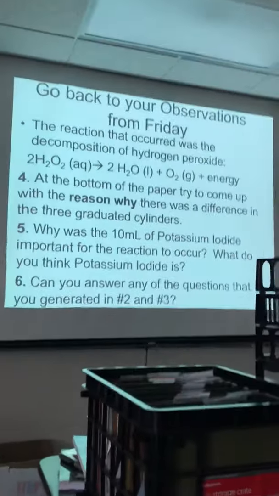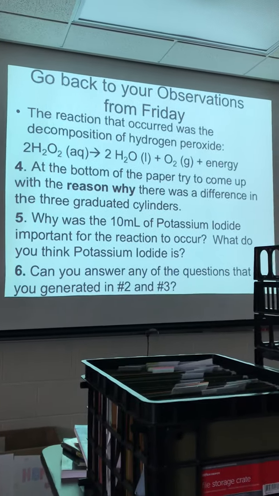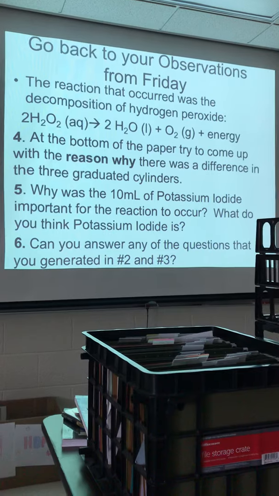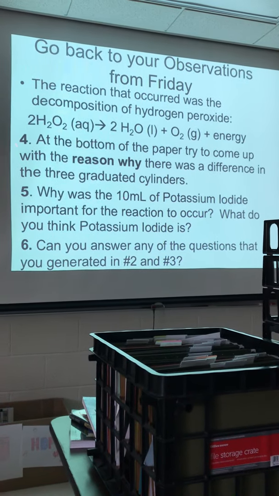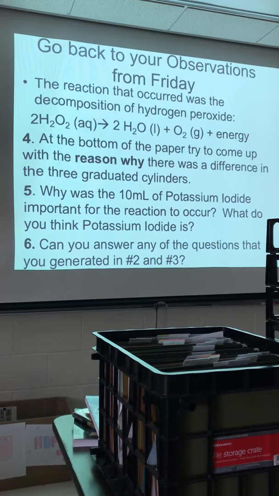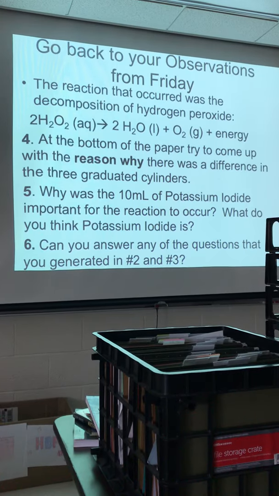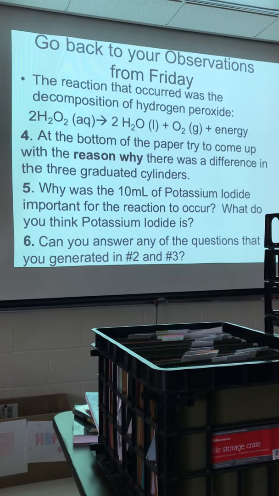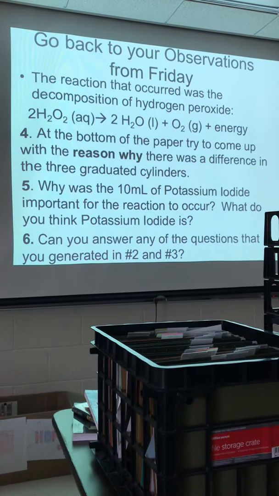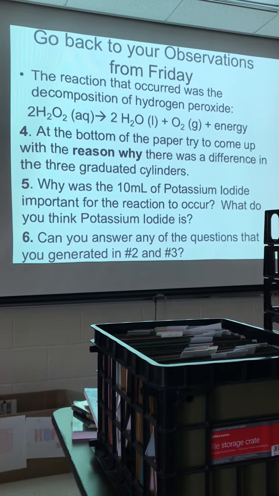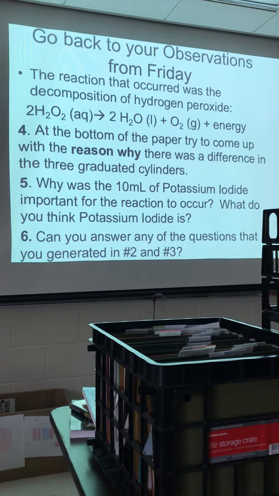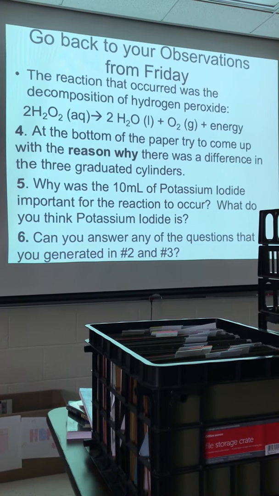Alright, on the observations from Friday's demonstration, that first paper you guys had out, I want you to go back and try to come up with a reason why there was a difference in the 3 graduated cylinders. For number 4 on that paper, why was there a difference between the 3 graduated cylinders that you observed?